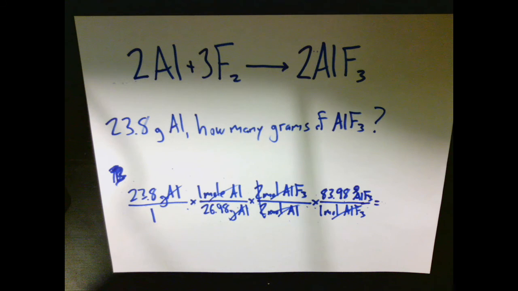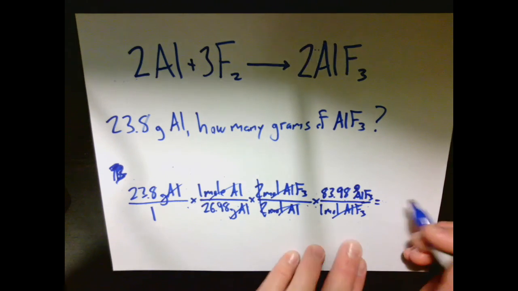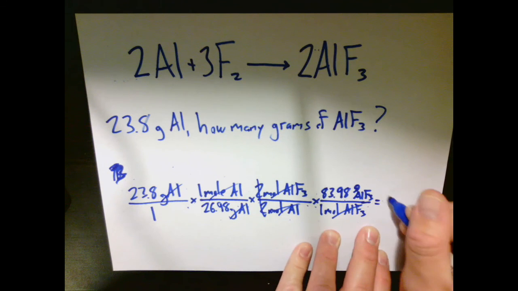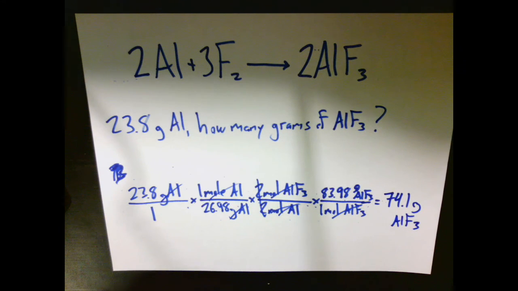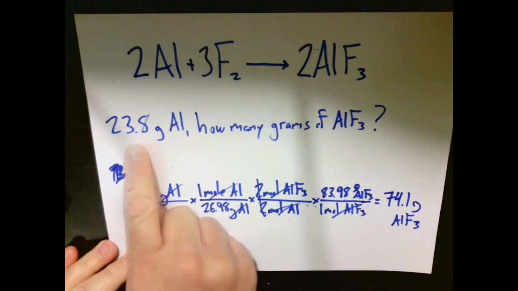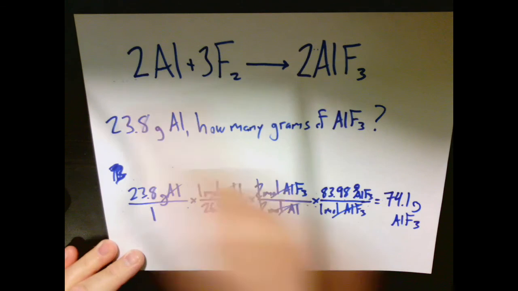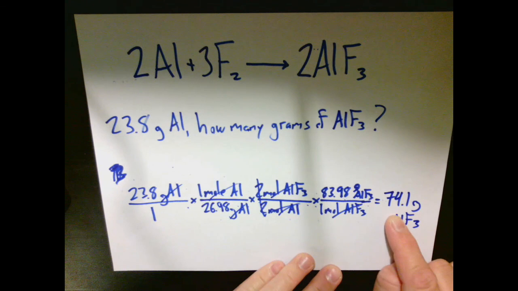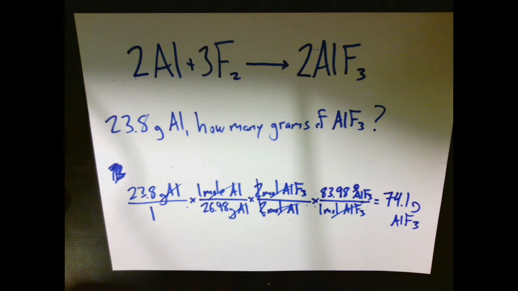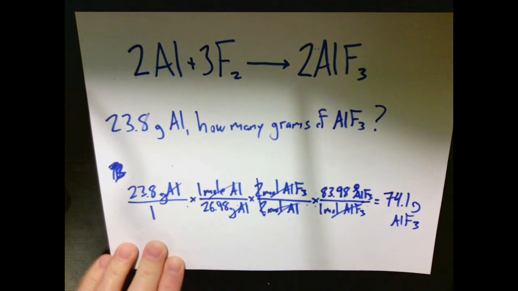Okay, so whether you calculated just now or a moment ago, your answer, 74.1 grams of aluminum fluoride. So again, if you're in a lab and you have this much aluminum and you do this reaction, you can predict that you should get that much aluminum fluoride. And that's stoichiometry. We're using these balanced equations to make predictions.